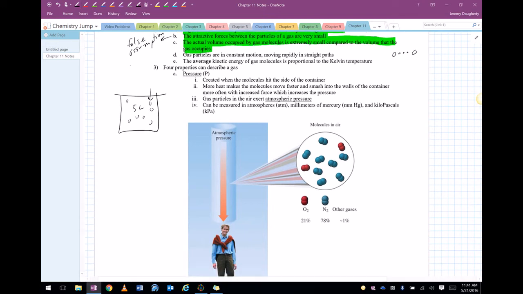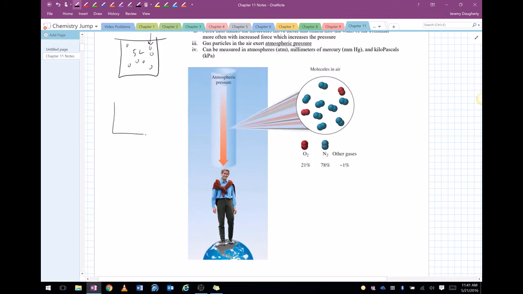What I often say is, imagine that we're looking down on a classroom, and here's a desk, here's a desk, and so on. I ask you to figure out the volume of this classroom. You would probably just take length times width times height of the classroom. But that's not the actual volume of air in the classroom.